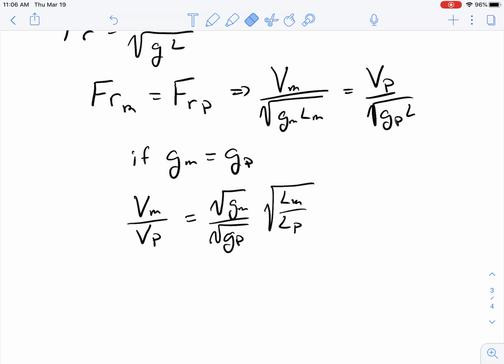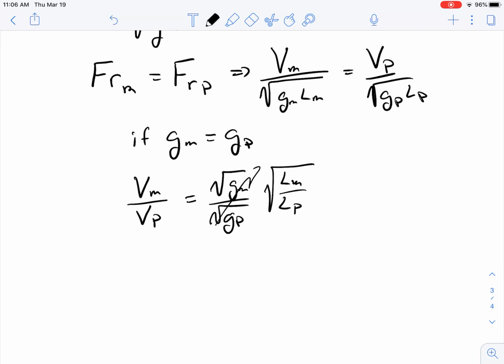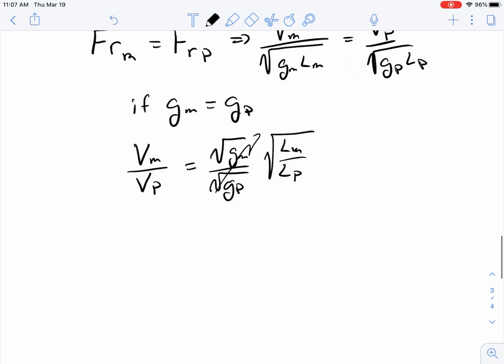I apologize, I put an M over there, and that should be a P. Those gravities are equal to one another, so that ratio is 1, and we're left with the velocity of the model to the velocity of the prototype equal to the square root of the length scale of the model to the length scale of the prototype. Okay, that's not a problem.